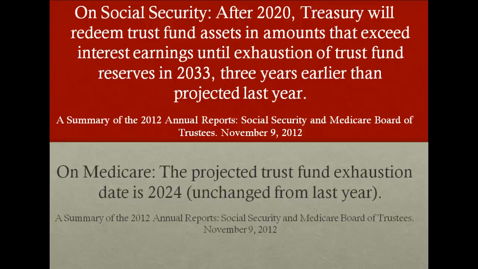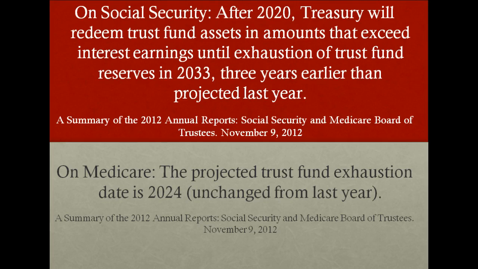On Social Security, the report states, after the year 2020, the Treasury will redeem trust fund assets in amounts that exceed interest earnings until exhaustion of trust fund reserves in 2033, 3 years earlier than projected last year. And on Medicare, the same report states the projected trust fund exhaustion date is 2024, unchanged from the previous year.